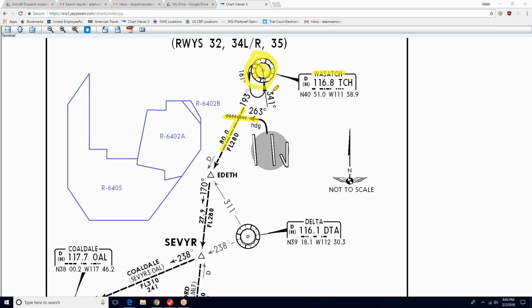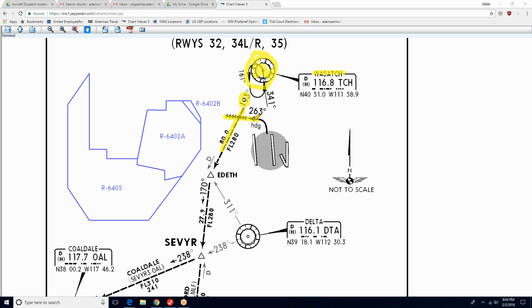And as Garrett has probably gone over with you already, these VORs have radials that come off of them. So this dashed line is the 193 radial from the Wasatch VOR.